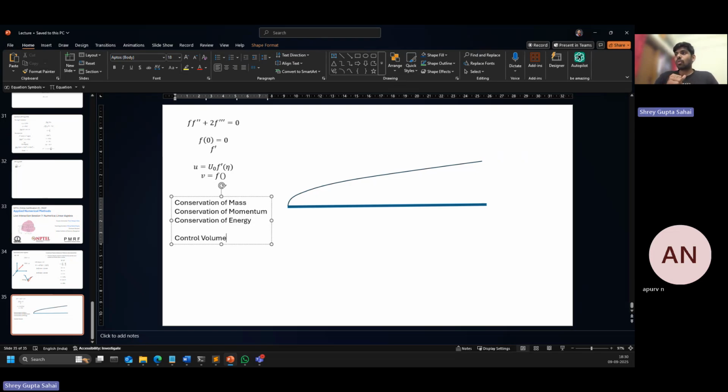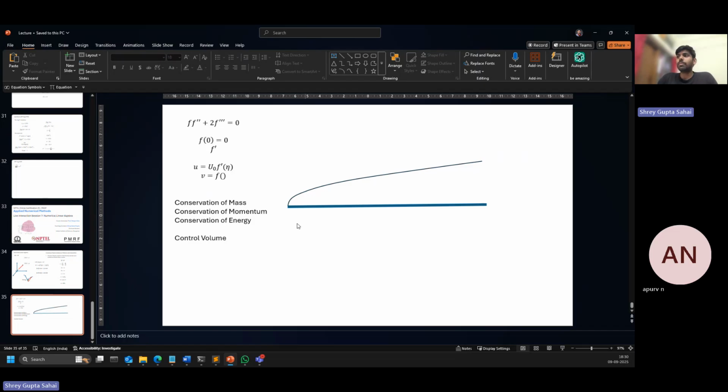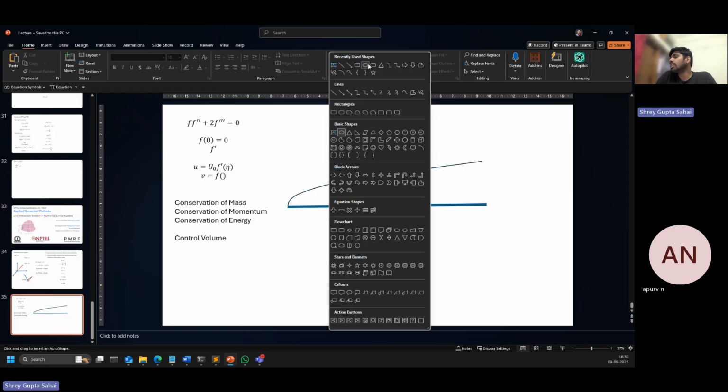Now the backdrop of this whole Prandtl equation was that people had an airfoil. Suppose we have an airfoil.